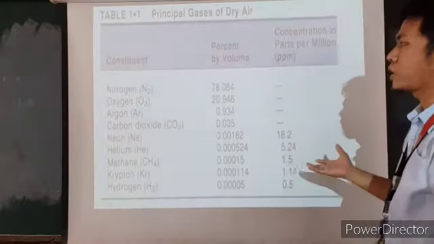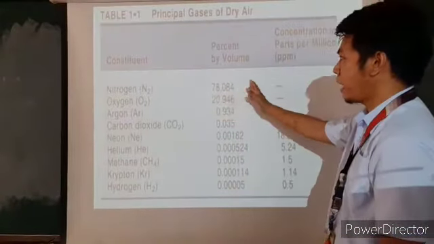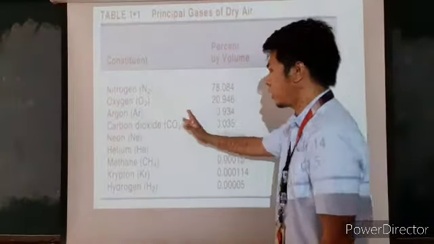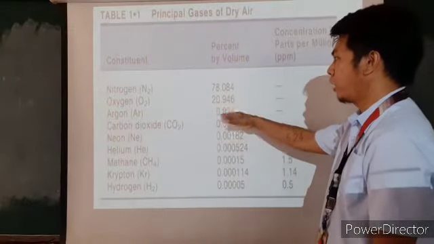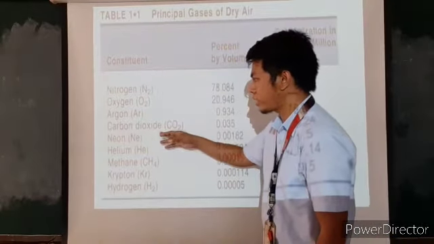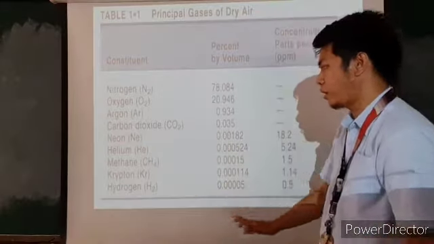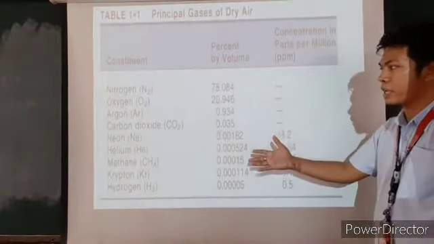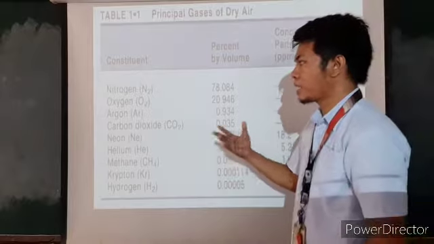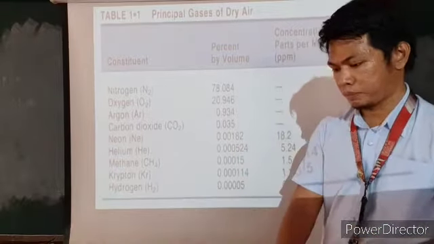So here, nitrogen occupies 78%, and then oxygen is 20.9 or 21%, then we have argon, carbon dioxide, neon, helium, methane, krypton, and hydrogen. Those are other examples of gases present in our atmosphere.